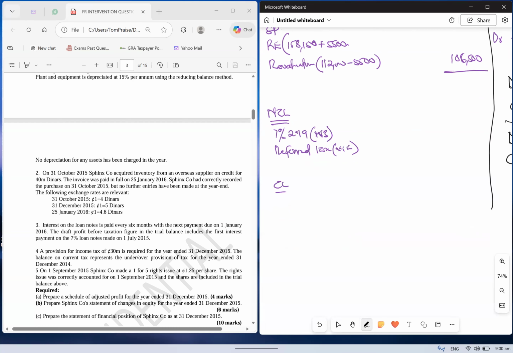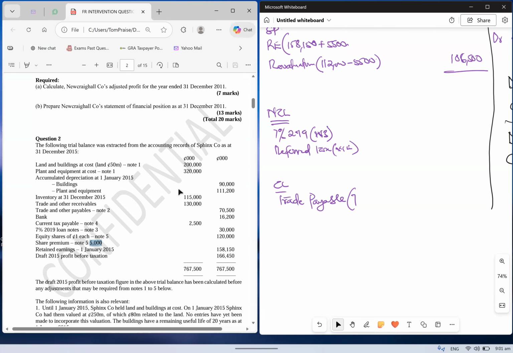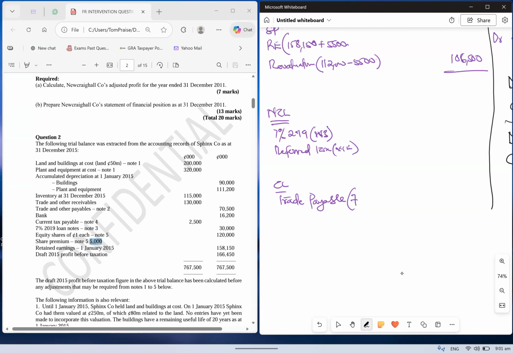Then you also have your current liabilities. You have your trade payables. Remember what was supposed to be done to trade payables if the thing has not been done already. And we saw that. You saw what we were supposed to do. So once we finish the analysis, we will bring in our trade payables. So trade payables is, I saw 7B. Was it 7? 7,500.